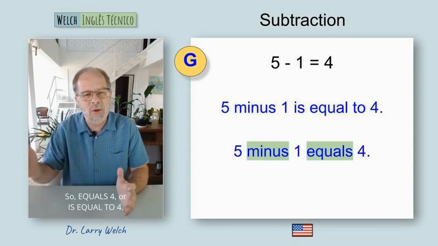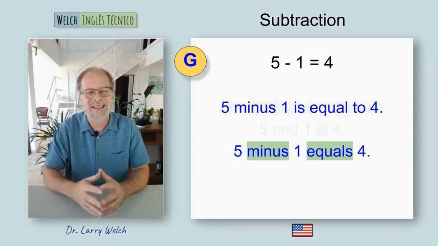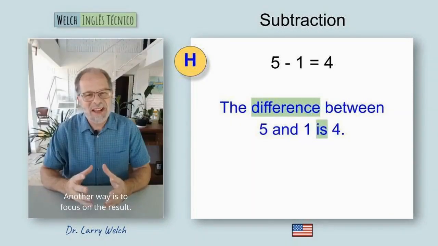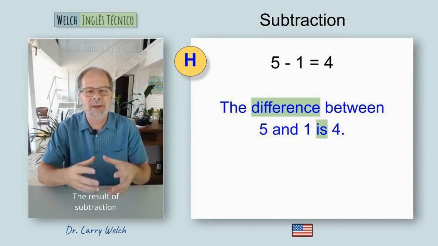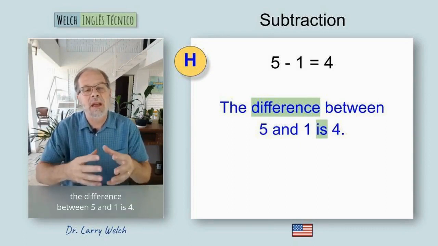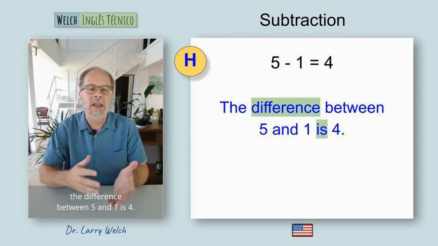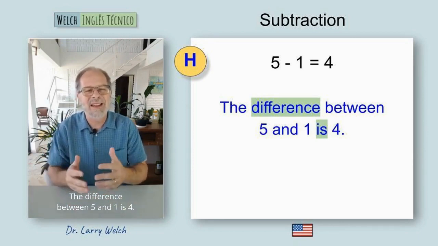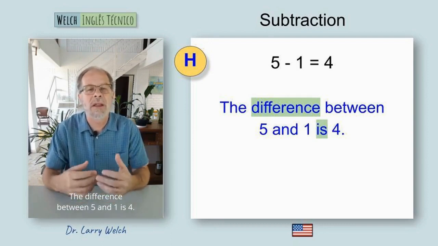So equals 4 or is equal to 4. Another way is to focus on the result. The result of subtraction is the difference. So we could say the difference between 5 and 1 is 4.